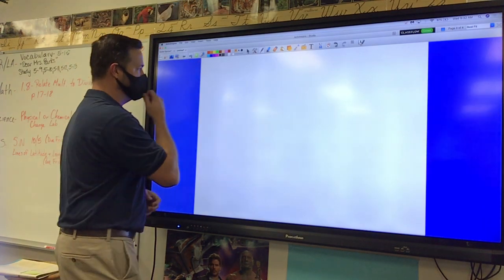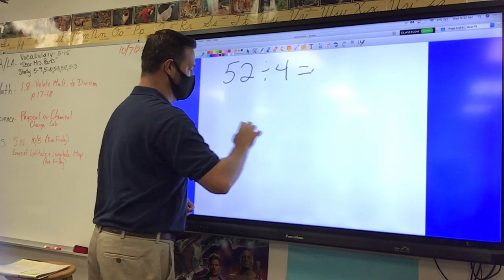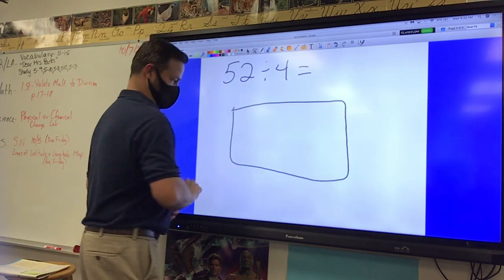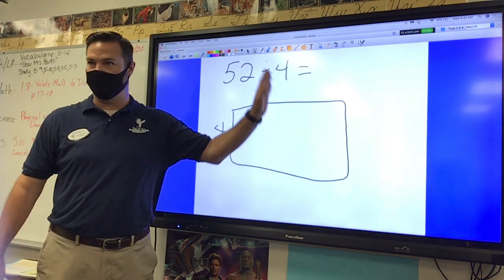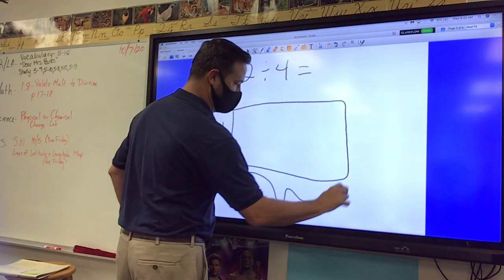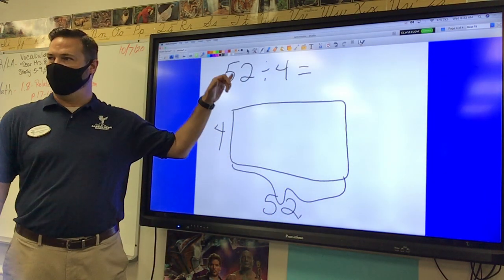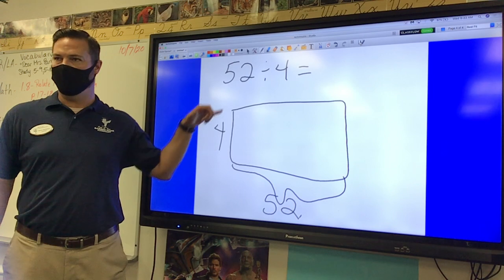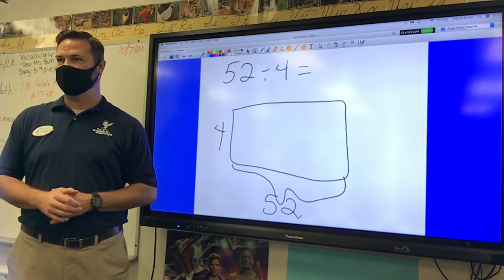Let me show you a secret on this. I don't want to do that whole big thing. I don't want to keep counting row 4 and 4 and 4 and 4. If I know that the whole thing is worth 52, I don't want to go by ones, right? 1 times 4 is 4, so every column is 1. What if I did this?